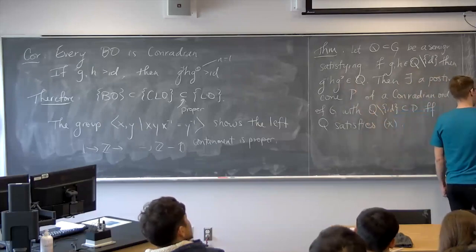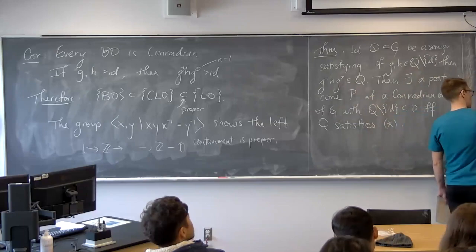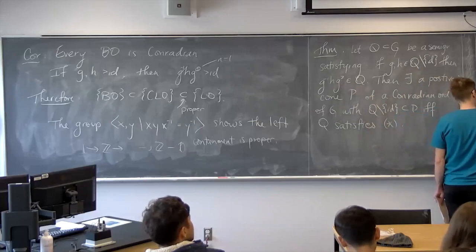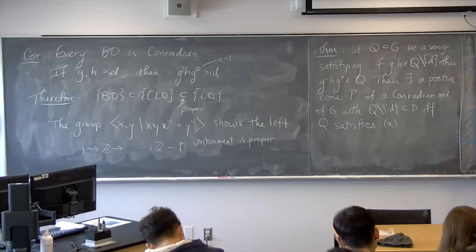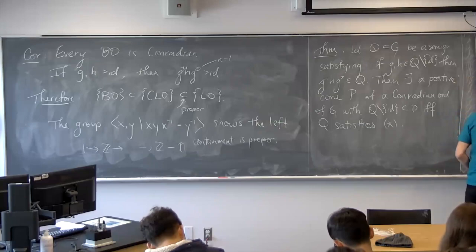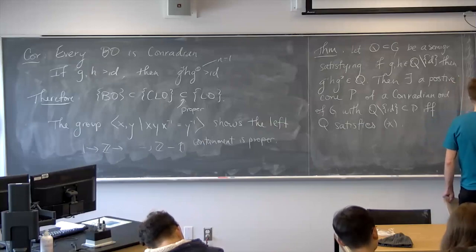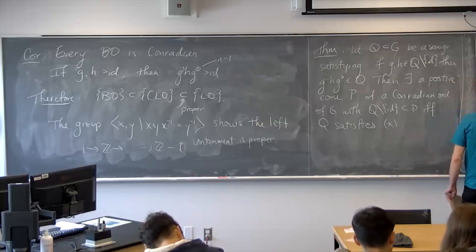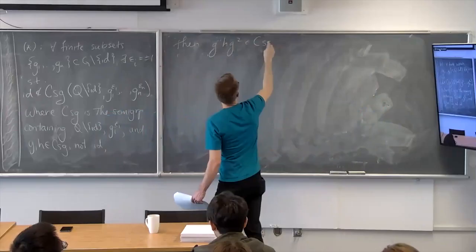Here, CSG is the smallest semigroup that contains all of these elements, plus is closed under this property, taking two elements that aren't the identity and adding that. So CSG is the semigroup containing the indicated set U minus the identity, all of these g_i to the epsilon_i, and if g and h are in there, not the identity, then this product is in there.